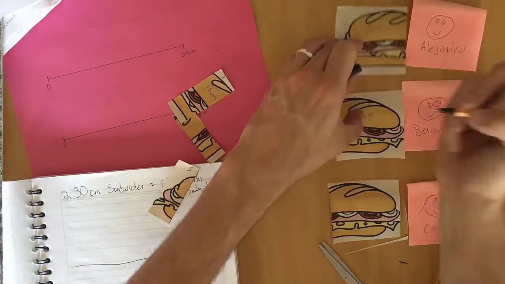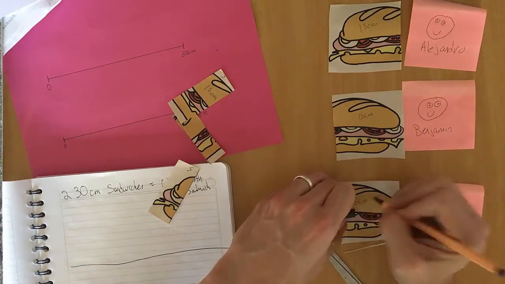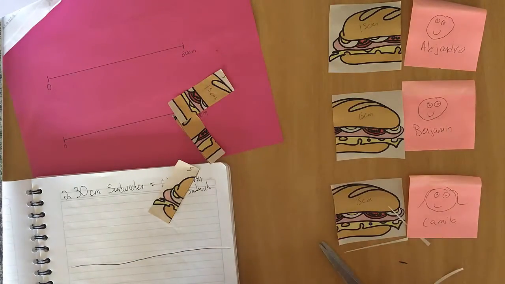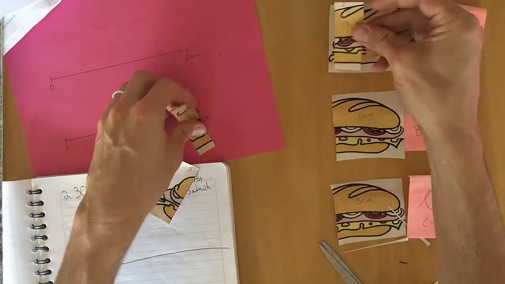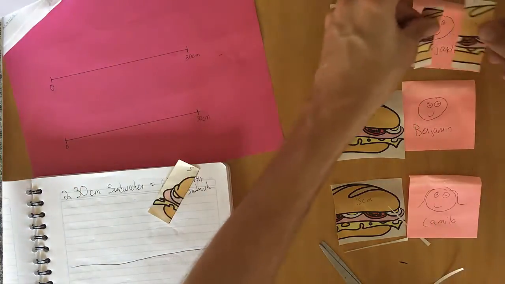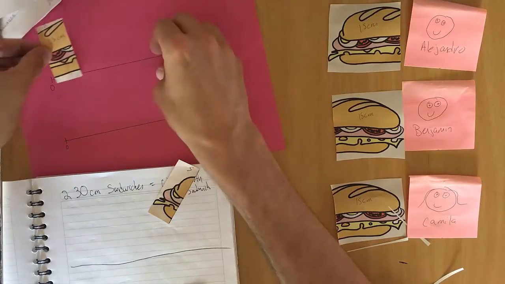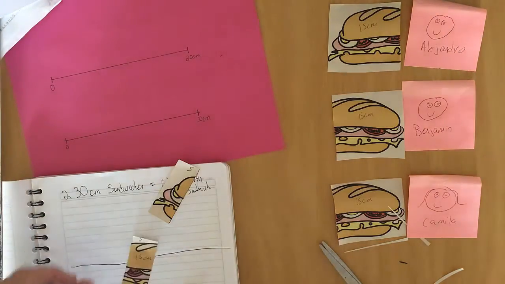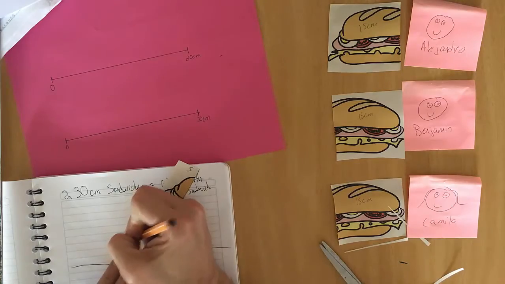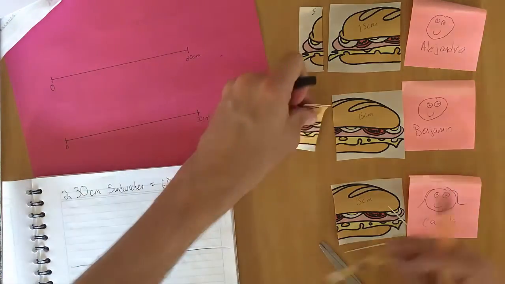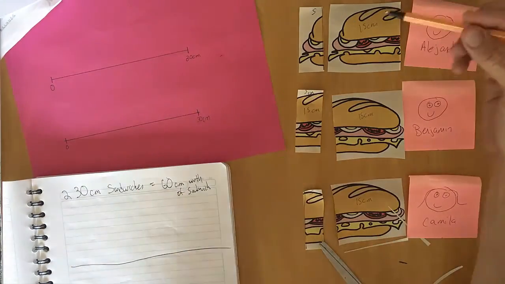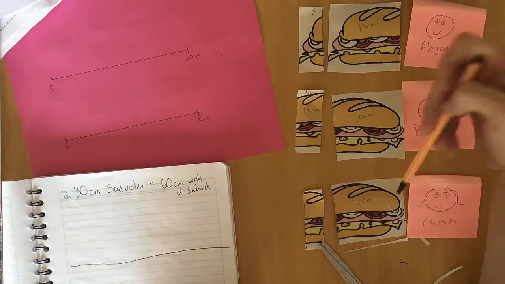Because each one is a half of a sandwich. So each person's got a half of a sandwich, and then they got this third of a half. So a third of a half, 1, 2, 3, 4, 5, 6, is 1/6. So this piece, which is now 5 centimeters, is 1/6 of the total sandwich. So each person got 1/2 and 1/6 of a sandwich.